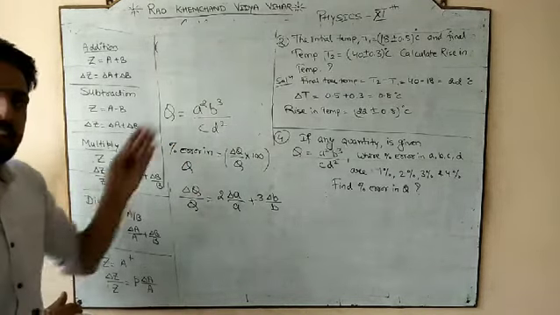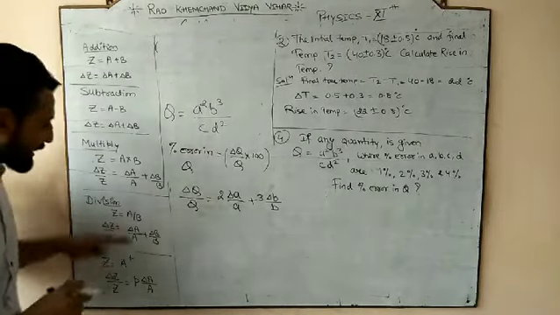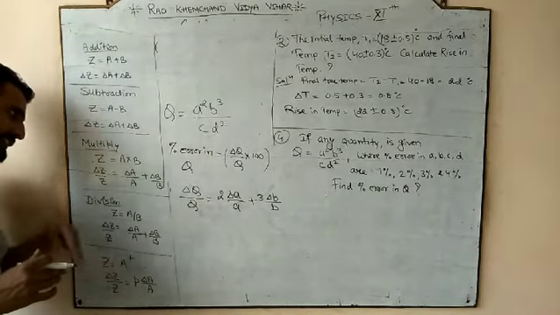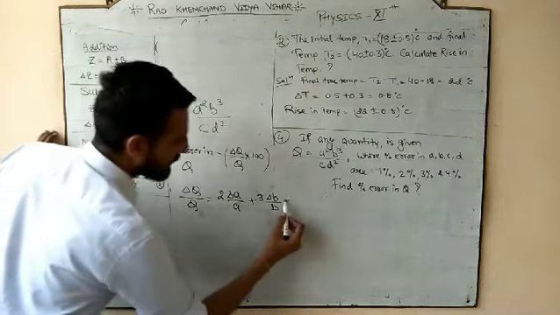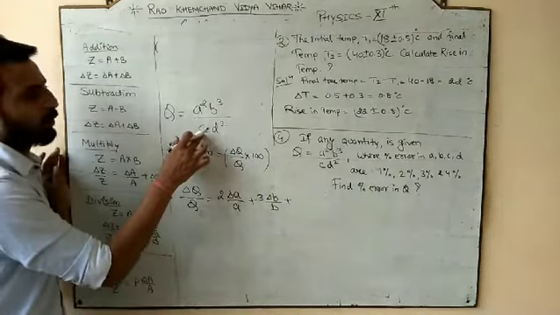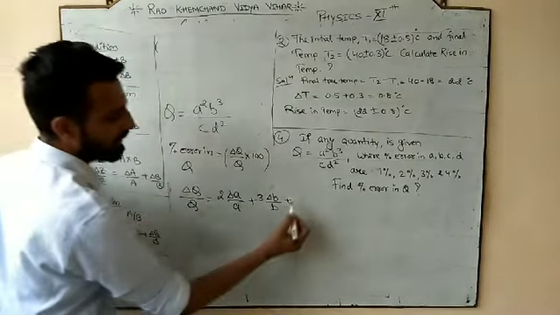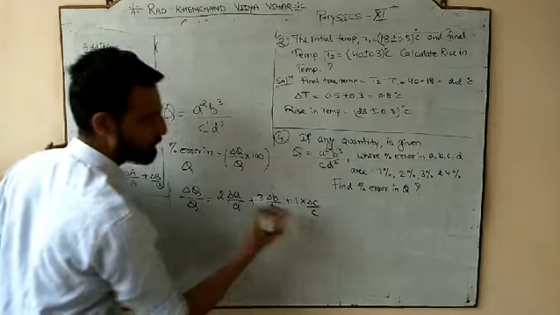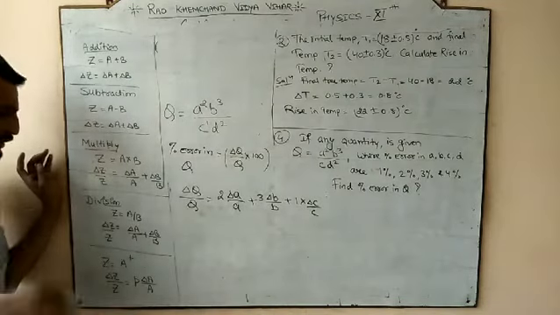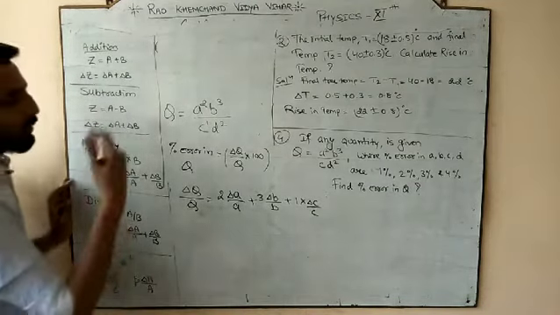Now, the next term is C. But C is in a division. In the division, the result for error is similar to multiplication, means the relative errors again add. And whose division? C only. What is the power of C? 1. If you want, you can take 1 in front into delta C by C. The power is 1, so you can also write just delta C by C. What is next?